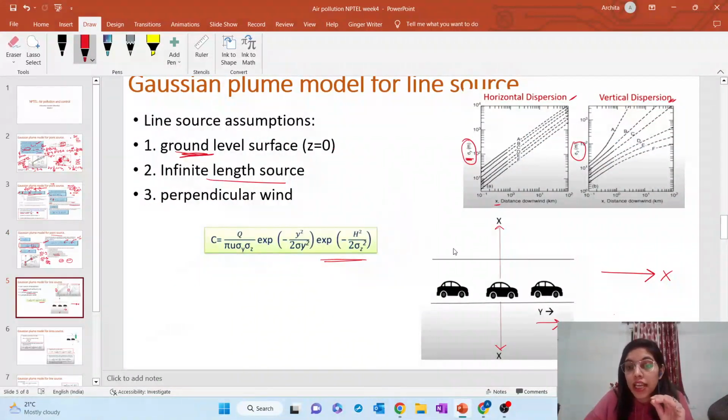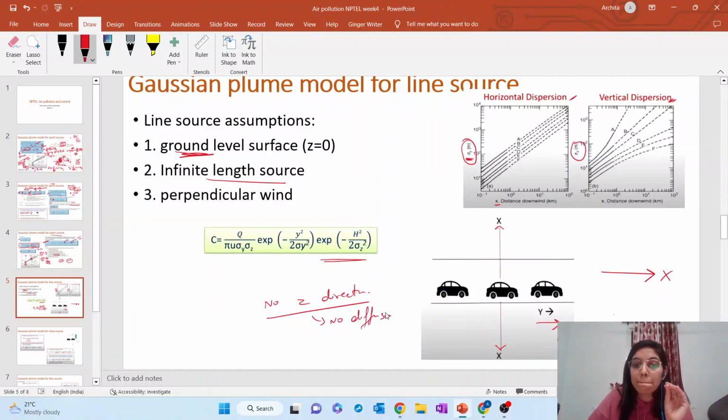Here we need to understand that there is no z direction, so there is no diffusion in the z direction. There is only the x direction, which is perpendicular, the y direction, which is along the plane, and only the height up to which the plume will rise. Okay, this height h matters. So then we come to this equation, but now let's solve it.